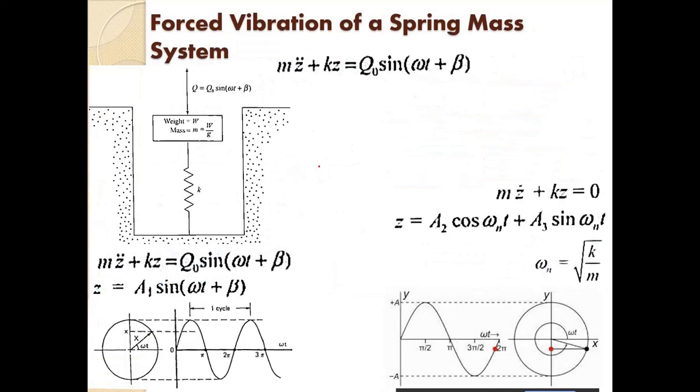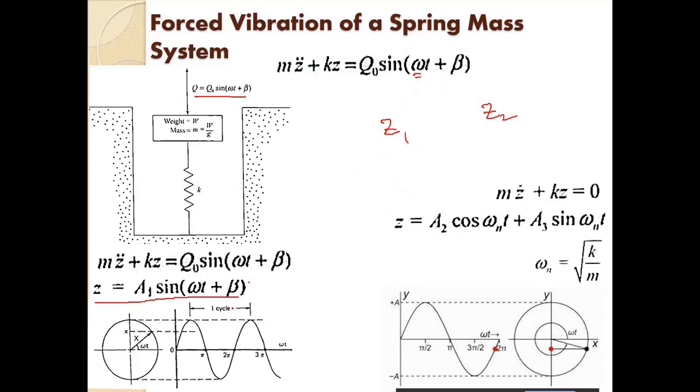Okay, so now what we do is we have a force, forced vibration. The thing is that we have now two motions, one is z1 and one is z2. So z1 will be moving with the frequency of the applied force, this omega t which is applied, so that frequency it will maintain and it will undergo this motion.